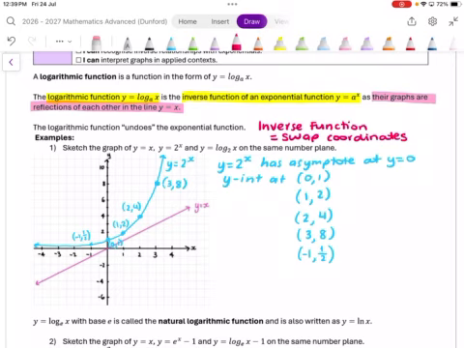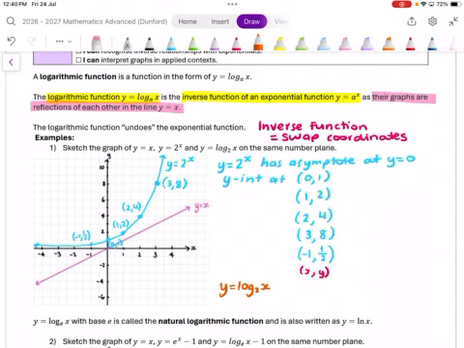So what that means is our x coordinate is going to become our y coordinate, and our y coordinate is going to become our x coordinate. So here we had that these were our x, y. And we have our function of y equals log base 2 of x.